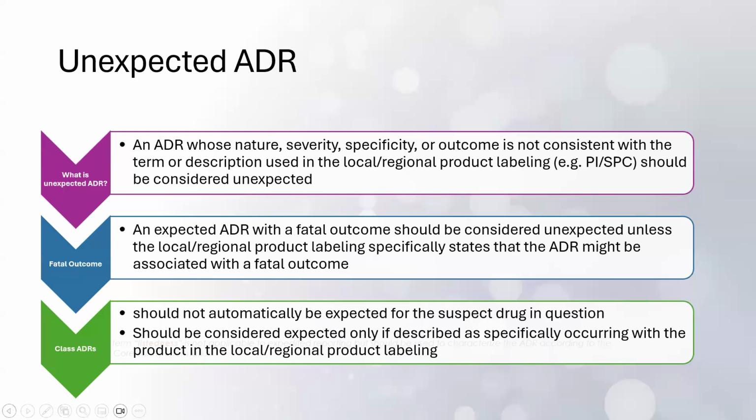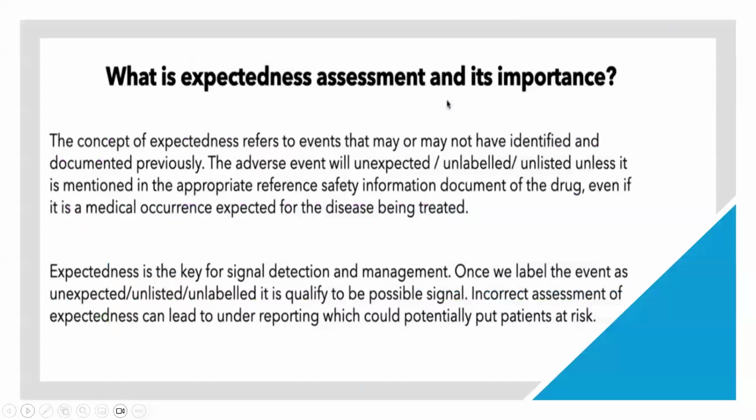So this is unexpectedness. The concept of expectedness refers to whether the event has been identified and documented previously. What I already told you: if it is documented and it is happening, then it is expected behavior. And if it is not documented anywhere and it is happening, then it is unexpected behavior. The adverse event will be unexpected.